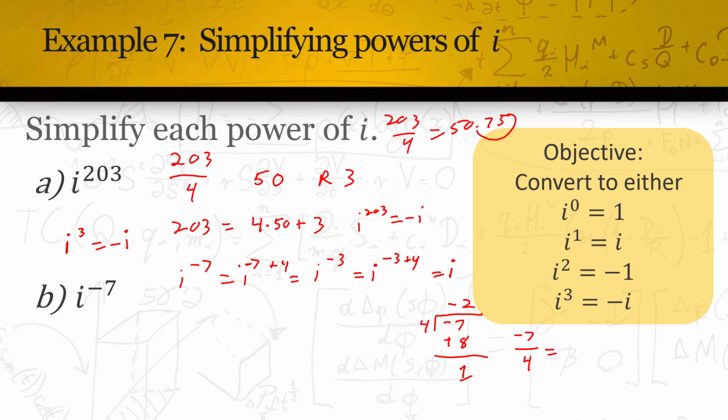You will get negative 1.75. We don't care about the negative 1, we care about the negative 0.75. Add 1 to that, because we can't work with negative decimals, but we can work with positive decimals. That will give me 0.25, which is basically a remainder of 1. So this corresponds to i, and we have that i to the negative 7th is equal to i.